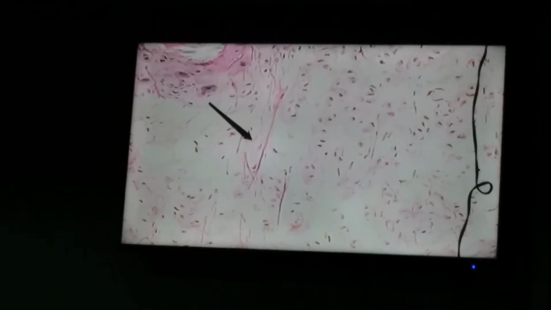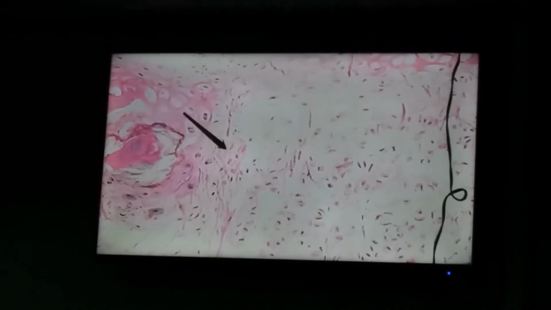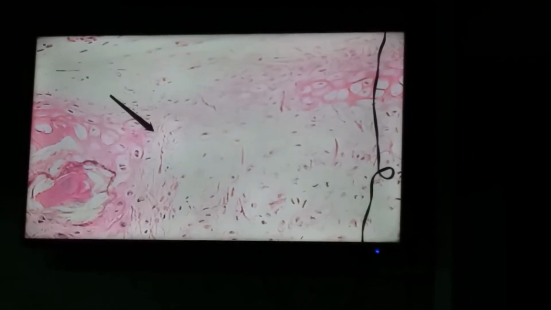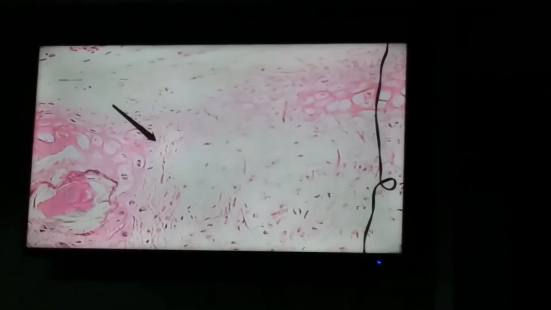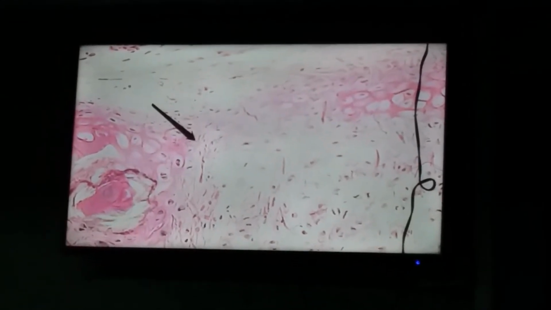So if we ask you what type of connective tissue fiber is seen in this slide or organ of focus, you have to answer elastic fibers. Now in the epiglottis, the fundamental type of tissue is still connective tissue. The subtype is cartilage. The specific subtype, if there are elastic fibers, is definitely elastic cartilage.